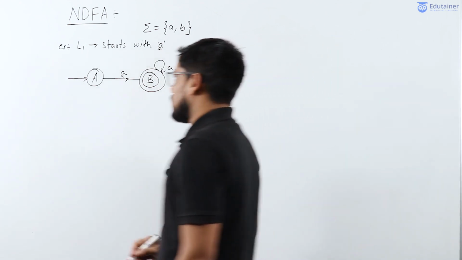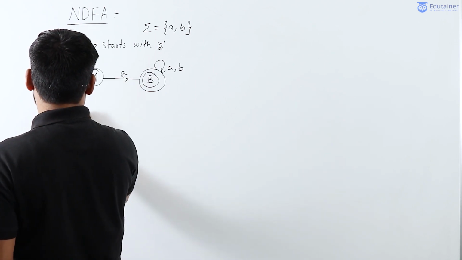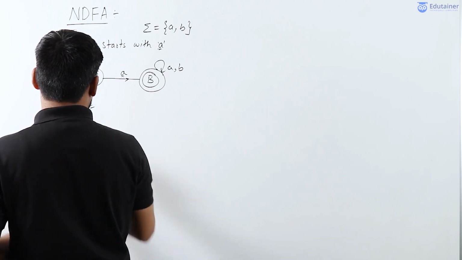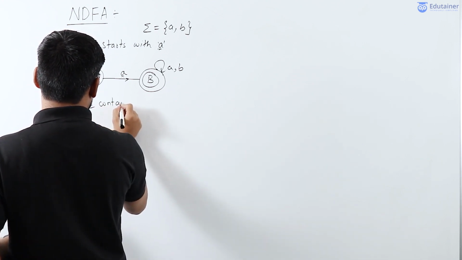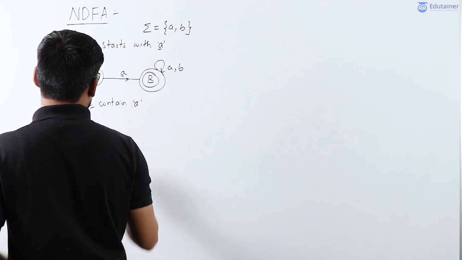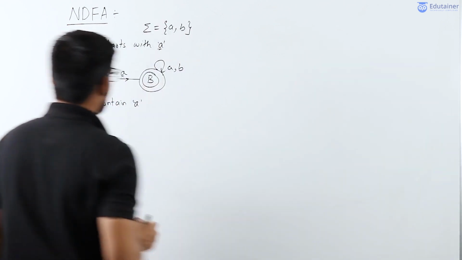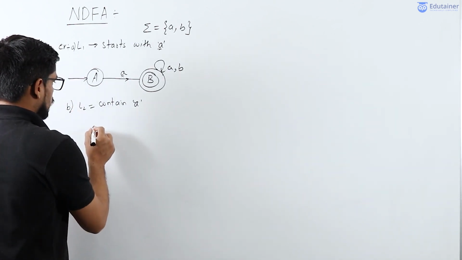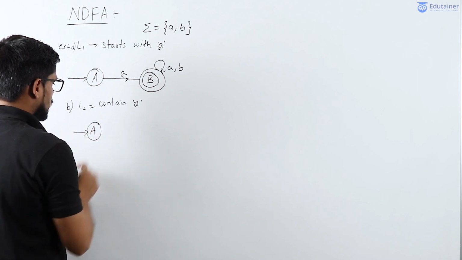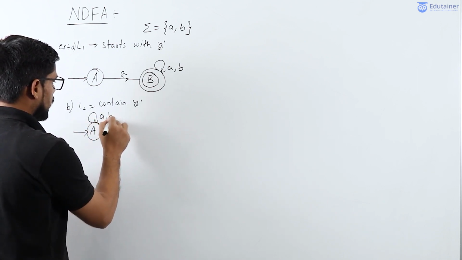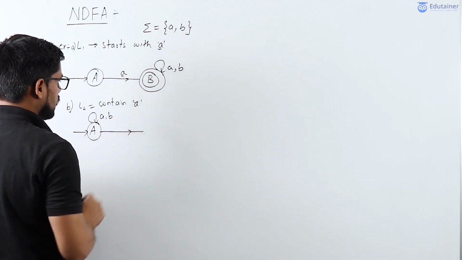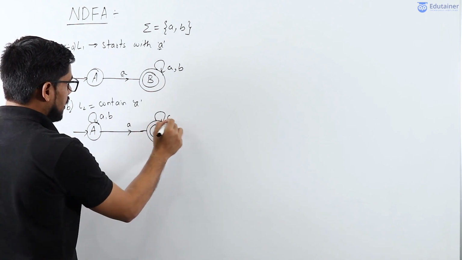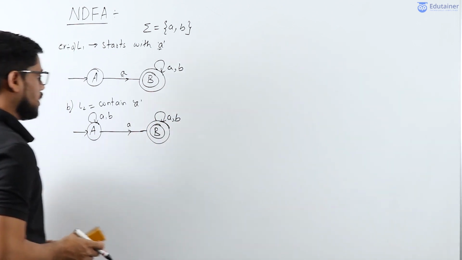Okay, let's take the second example. Let's say language L2 contains A. All these examples I have already covered in DFA also, so you can compare this transition diagram of NDFA with DFA. Contains A means the initial state will take any number of A or B. After seeing A, it will go to the final state capital B, and it will take any number of A's or B's on the final state.